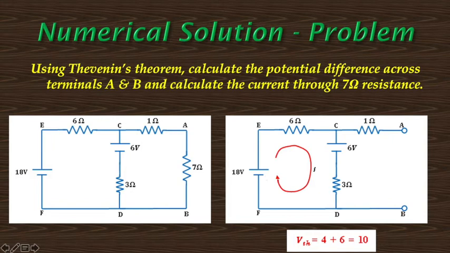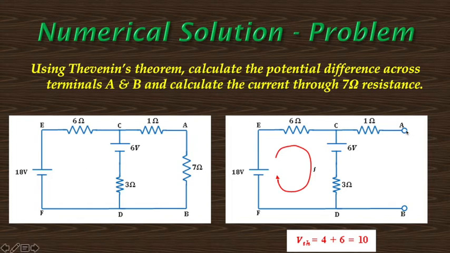Using KVL, the equation is 18 minus 6I minus 6 minus 3I equals 0. So I equals 1.33 ampere. Then find the voltage drop across the 3 ohm resistor. 3 into I, that means 3 into 1.33, equals 4 volts.